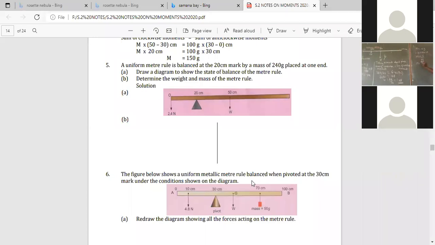And what is the unit? m is equal to 0.16 kg. Kilogram. And what would it be in grams? 1,000.